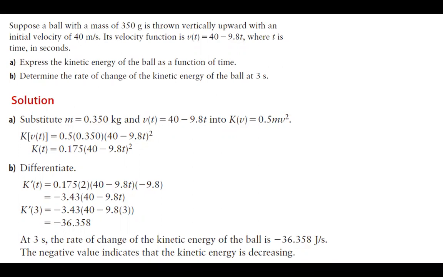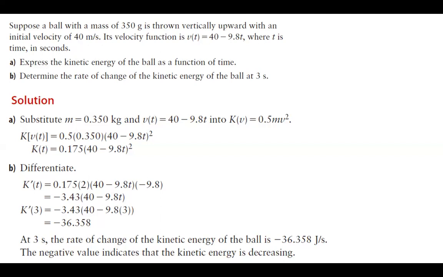In order to find the rate of change of the kinetic energy at any time, we need to differentiate K(t), right? So the derivative of K with respect to t, or dK/dt, is negative 3.43 times (40 minus 9.8t).